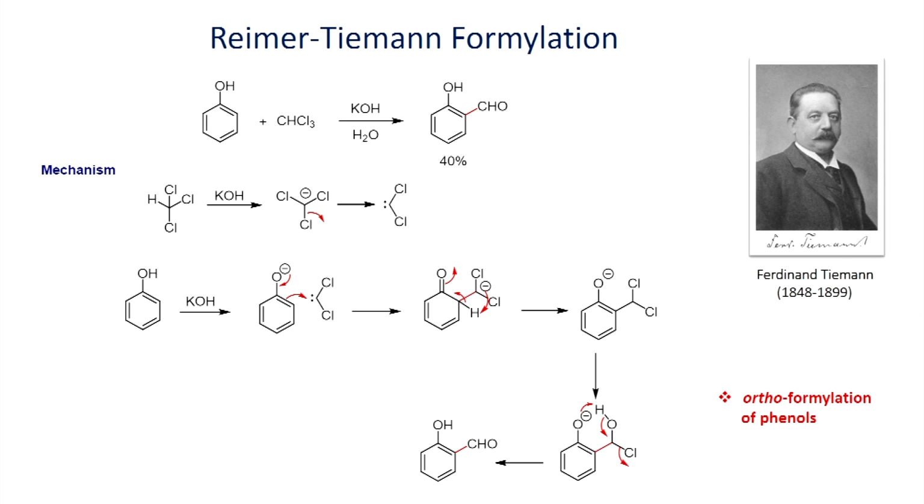The next example is the Reimer-Tiemann formylation. If you look at the previous reactions, we have seen they usually form the iminium ion as the electrophile, which undergoes reaction with the aromatic system to give the addition product, which leads to hydrolysis to give the aldehyde.